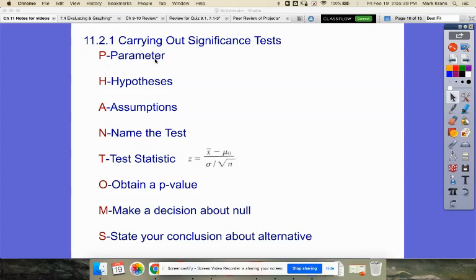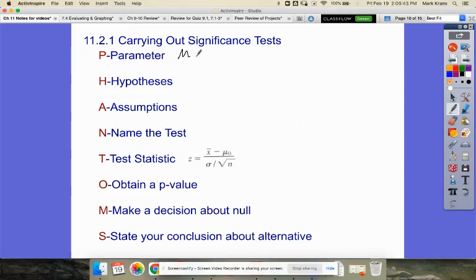Okay. So the first thing is you need to identify your parameter, and mu is either a population mean or rho is a population proportion. Okay. And so you define your parameter and your hypotheses. Your null is always mu equals some number or rho equals some number.